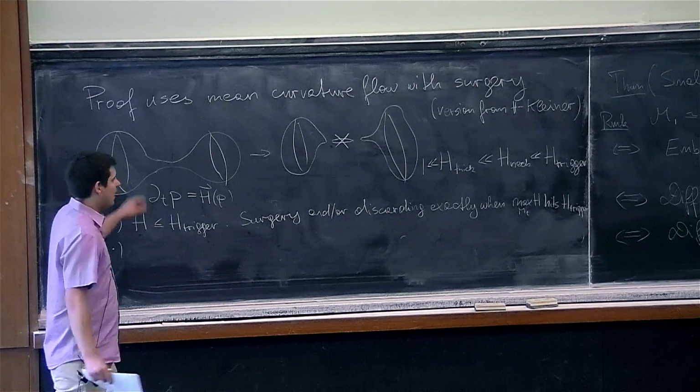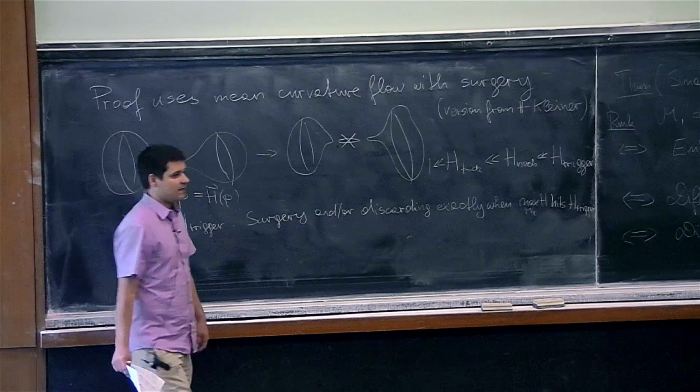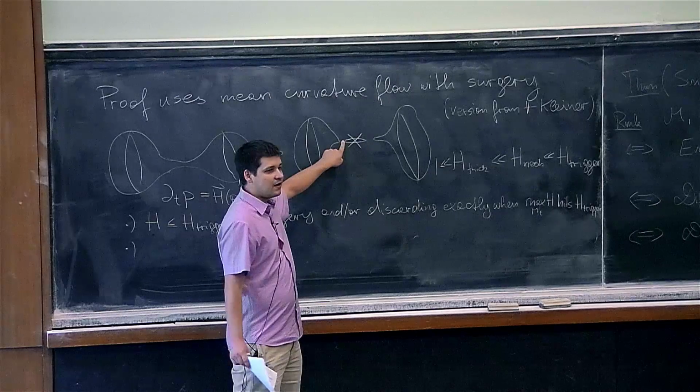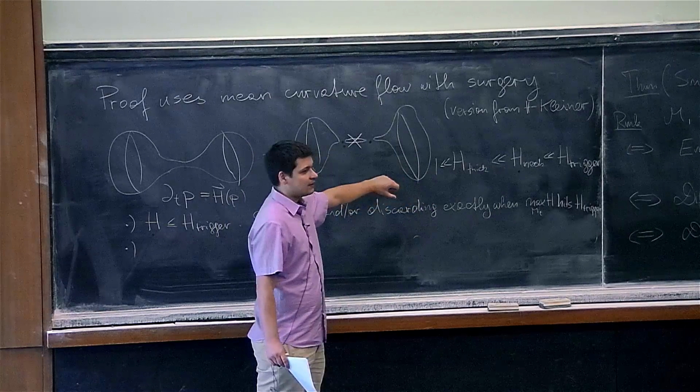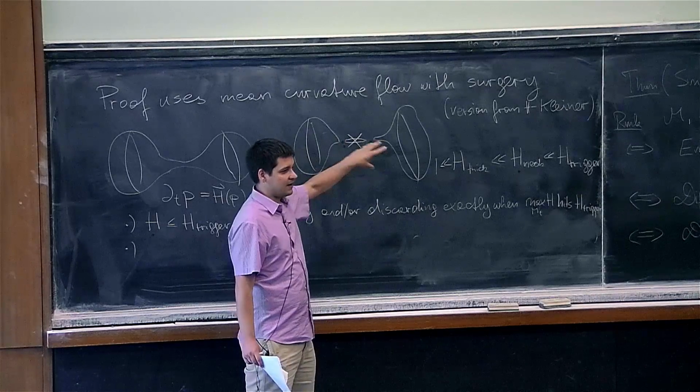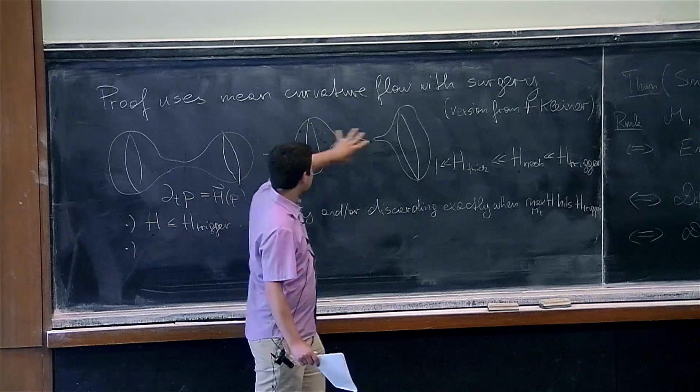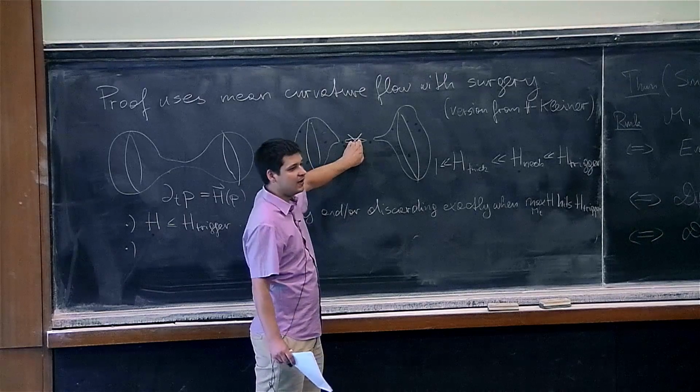Okay, then the surgery is done on a minimal collection of delta necks with curvature H neck that separate the thick part and the thin part. So here in this picture, that's the thick part and that's the thin part.